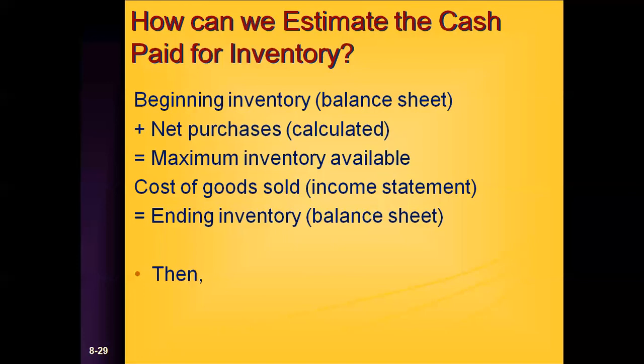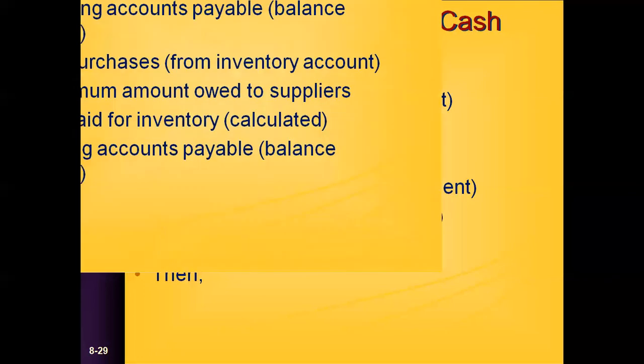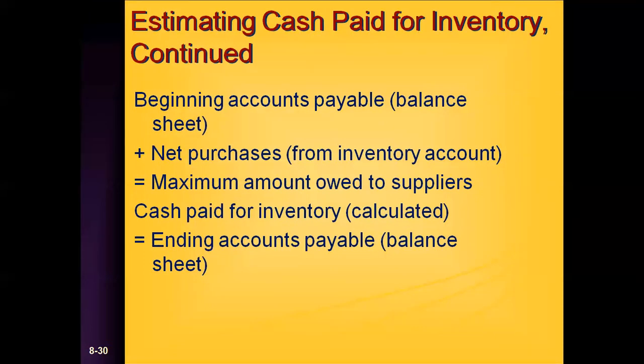The cost of goods sold information would go on the income statement, and the ending inventory would go on the balance sheet. Now, on the other side, we would look at the accounts payable side of things, which comes off the balance sheet, and you would then add new inventory purchases, and that would equal the maximum amount owed to your suppliers. You would pay off some of that, or use cash for that inventory.